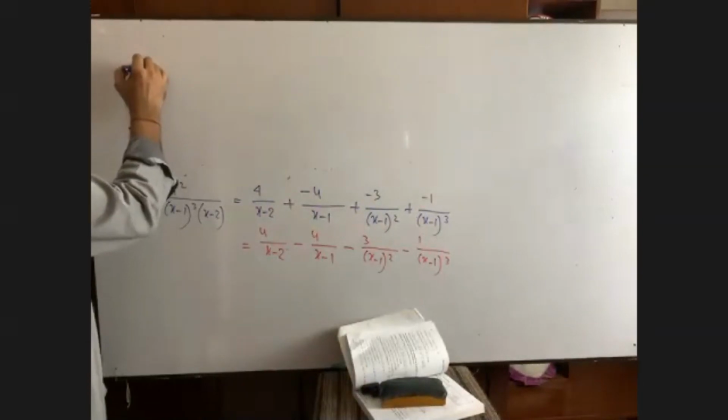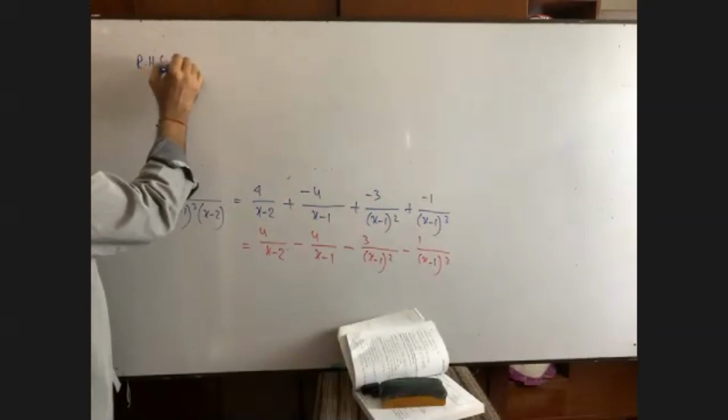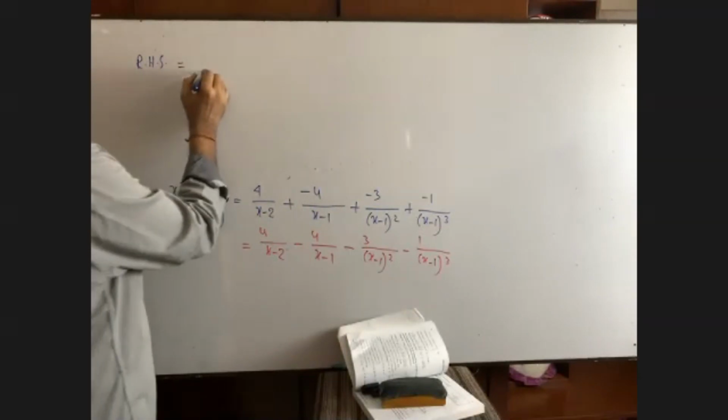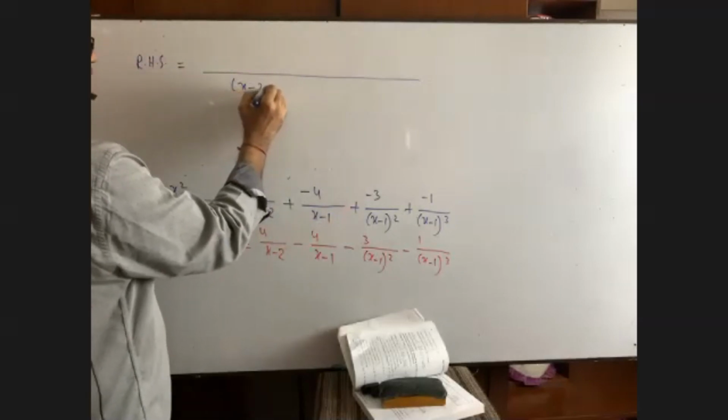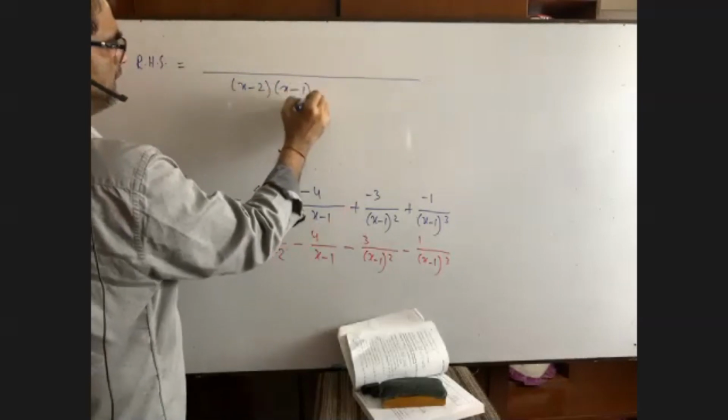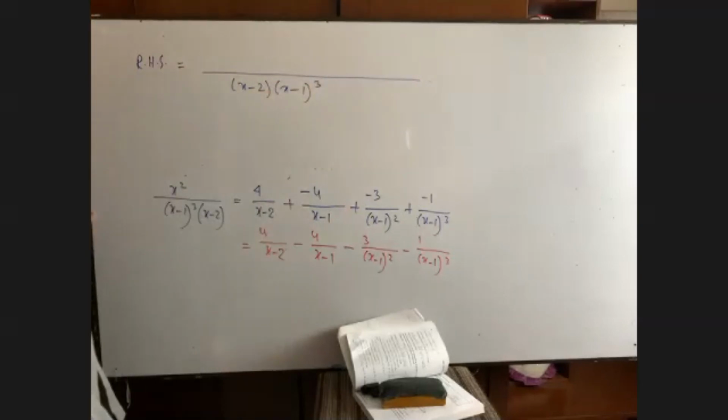Right hand side, what LCM can be taken here? The LCM is x minus 2, x minus 1 whole cube. Am I right?